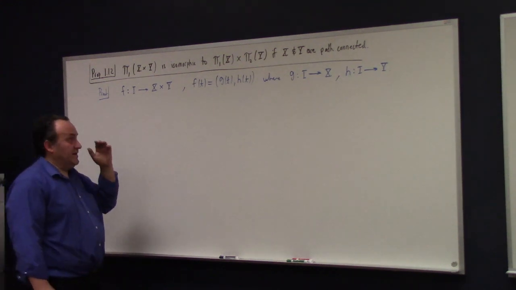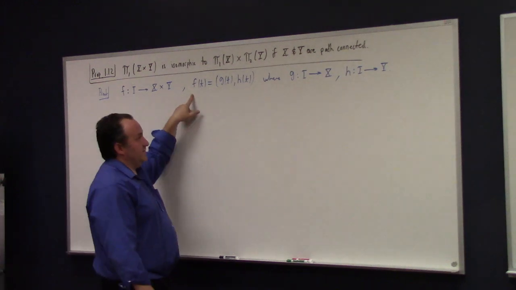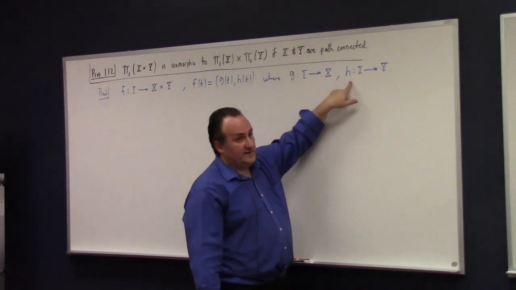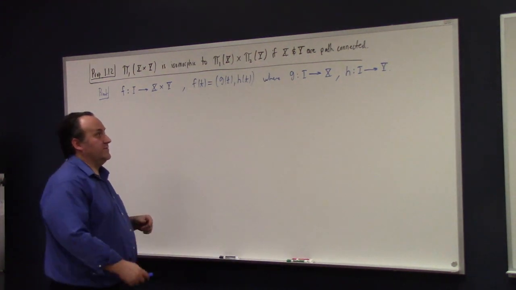So f is continuous on I if and only if its component functions, g and h, are continuous, respectively.